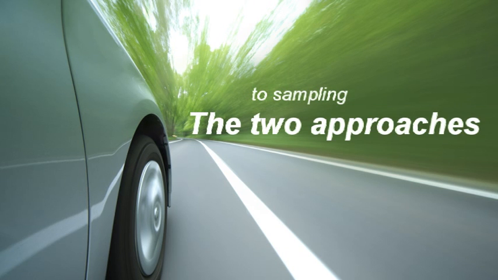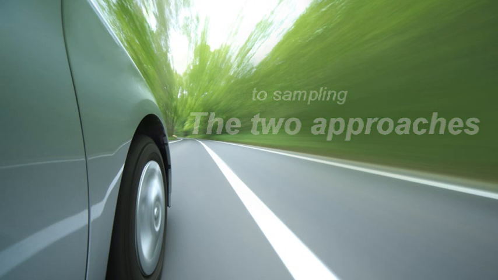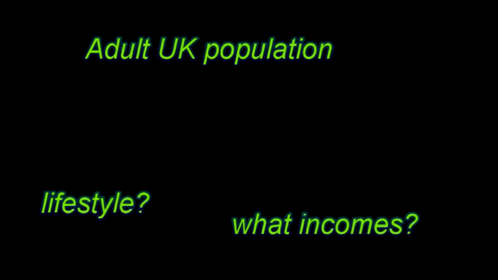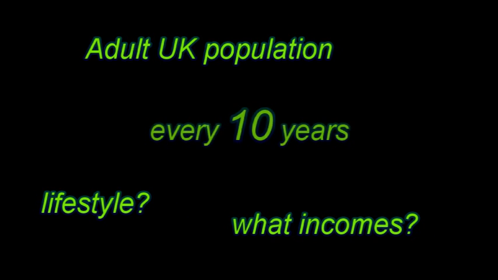The two approaches to undertaking sampling are number one, census, and number two, sampling. In a census, the UK government carries out a census of the adult population every 10 years to determine the size of the population, the professions, the family progressions, and various other characteristics.